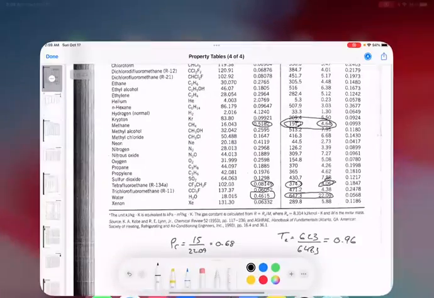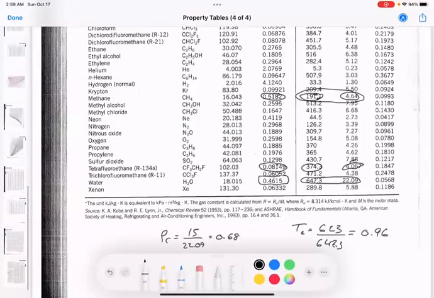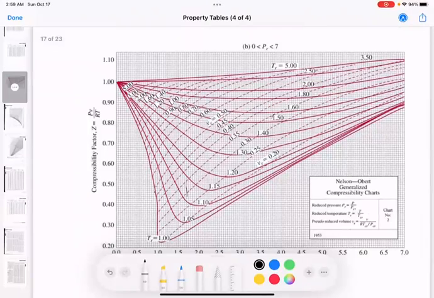So let's go here, all the way here. So we had 0.94 for the reduced temperature, okay, which is almost on this solid pink line here, right? It's close to 1.